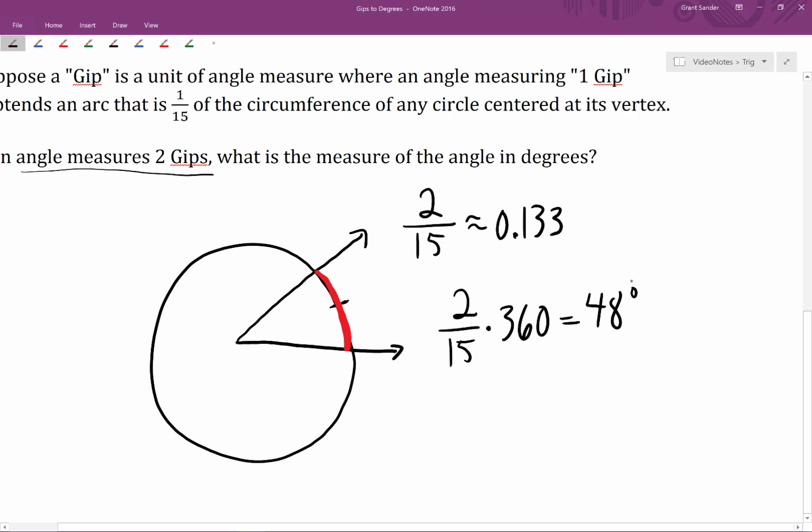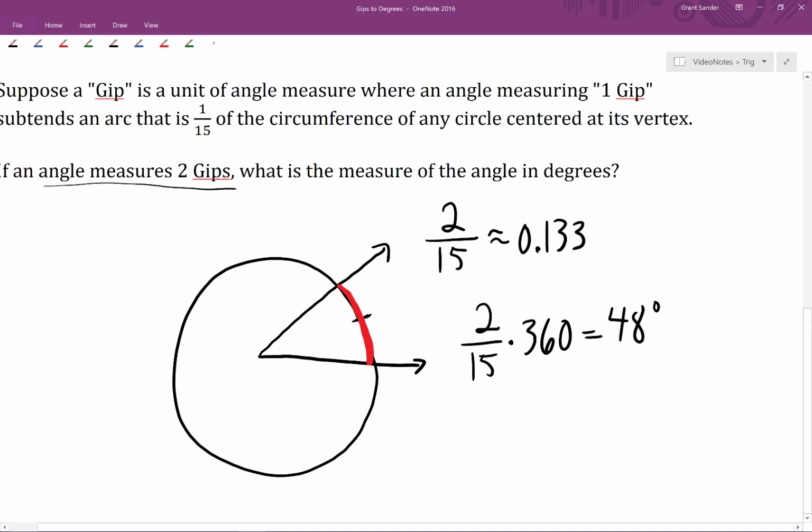So this angle has a measure of 48 degrees. And again, that's because this angle cuts off 2/15 of the full circumference, which is about 13.3% of the full circumference, and therefore it should subtend 2/15 of the full 360 degrees that are in one full rotation, which is 48.